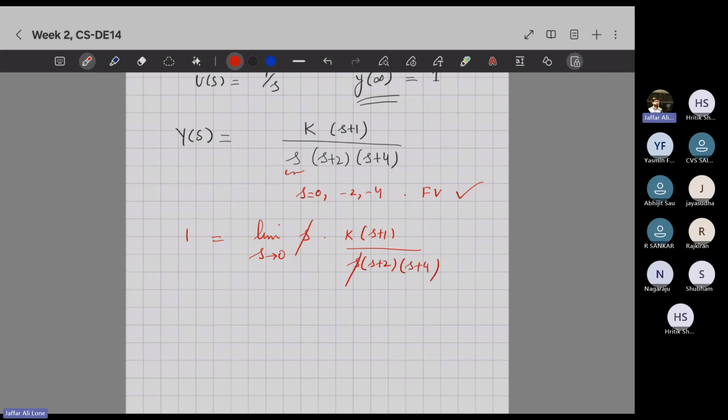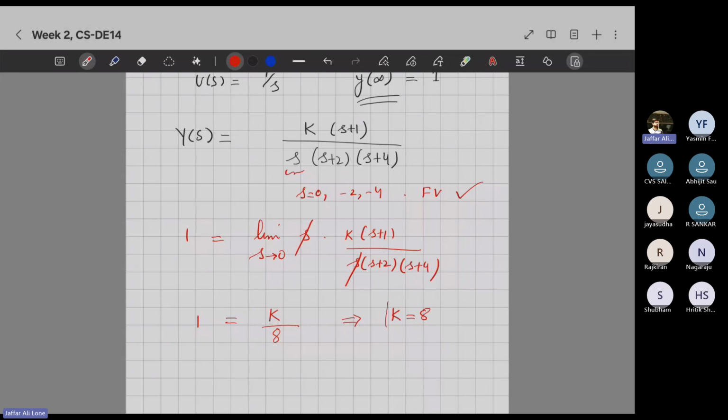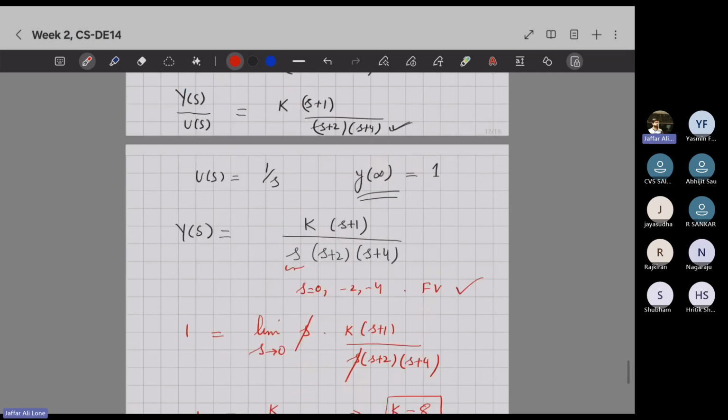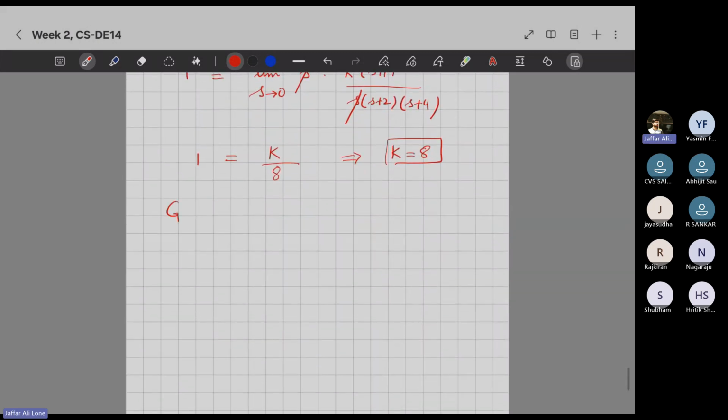This s and this s cancel, and putting in the limit as 0, you get 1 is equal to k divided by 4 twos are 8. It implies k is equal to 8. Now you got the value of k from applying the final value theorem. So it means your G(s) is 8 into (s plus 1) divided by (s plus 2) into (s plus 4).